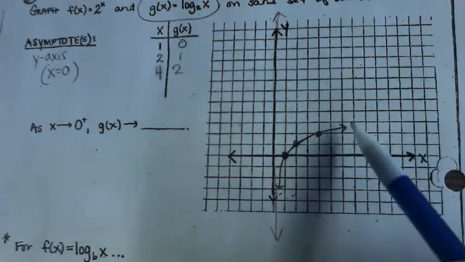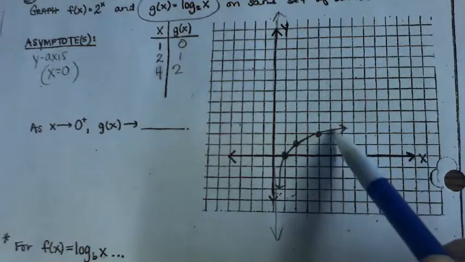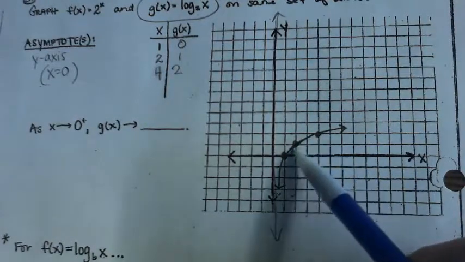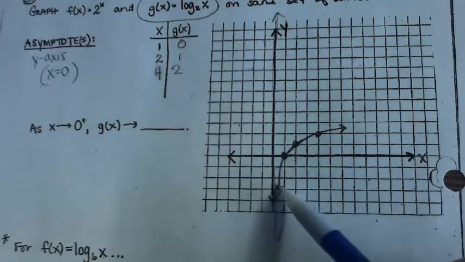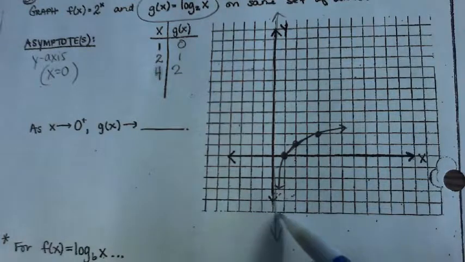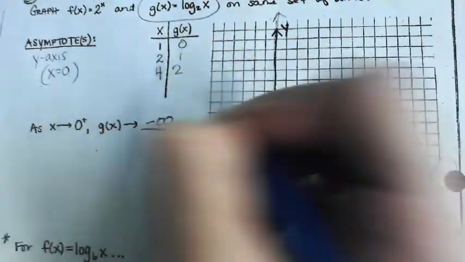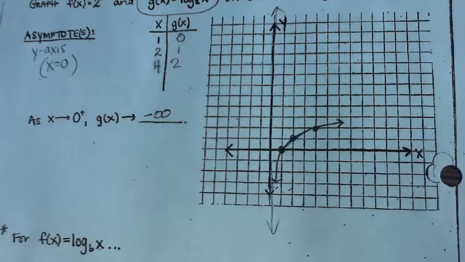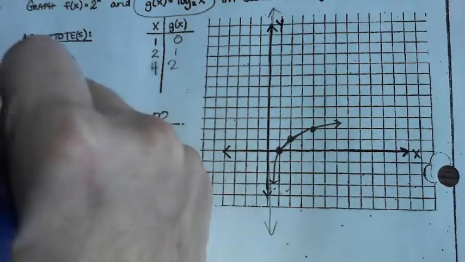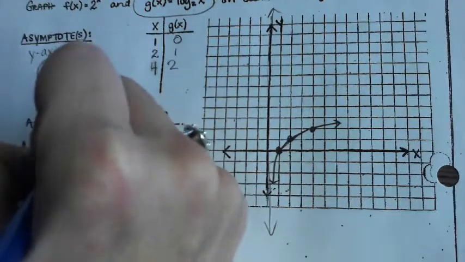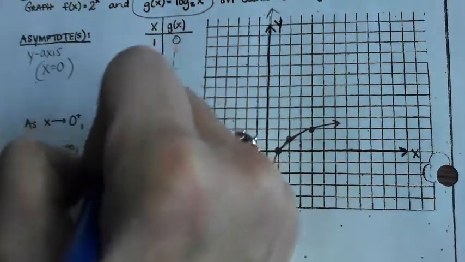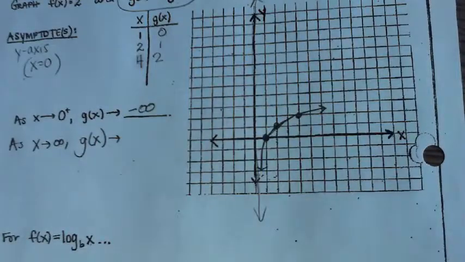Okay, so as your x coordinates are getting closer and closer to 0 coming from the right, your y coordinates are going towards negative infinity. Connor, nice job. How about this? As x approaches infinity, what's happening to our g of x values?